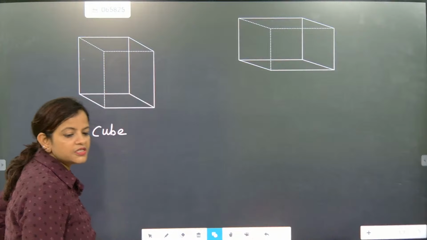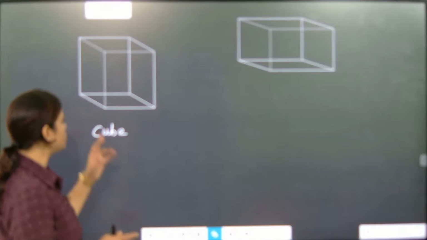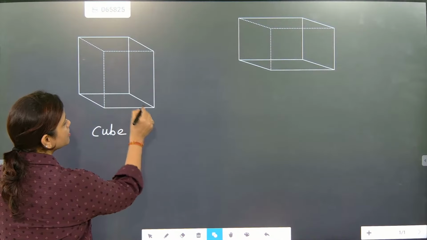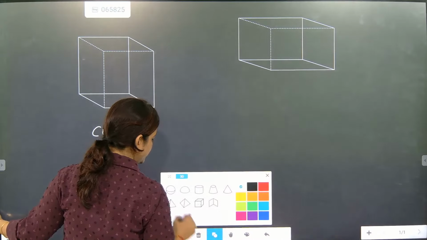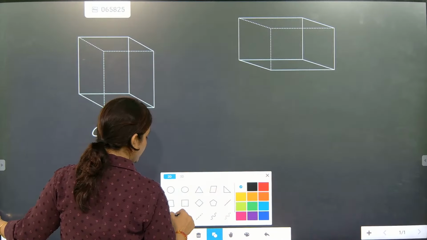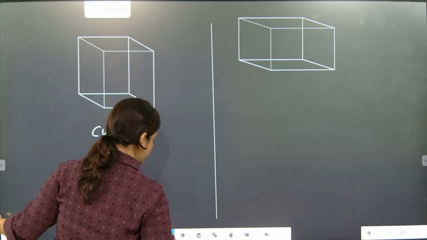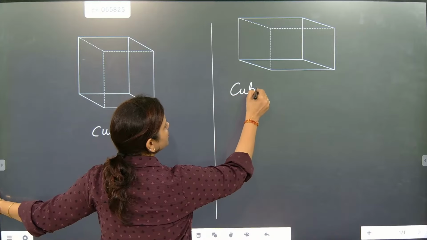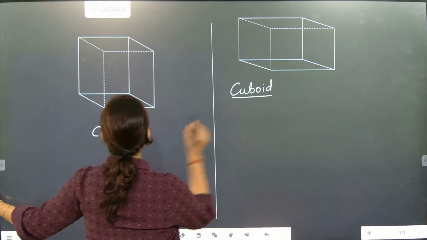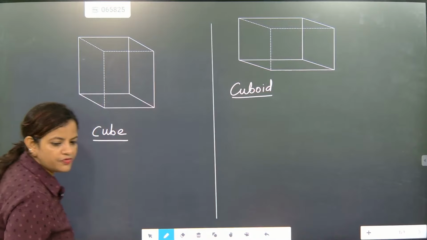Understood? This is the difference between a cube and a cuboid. These are called edges. If somebody asks you to differentiate between cube and cuboid, this is the cube and this is the cuboid. So how many edges do both the figures have?